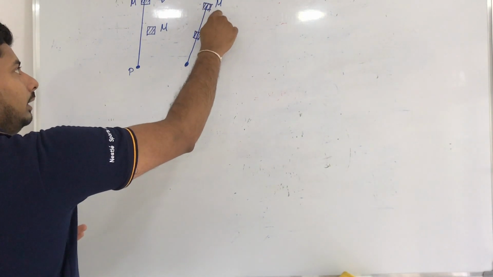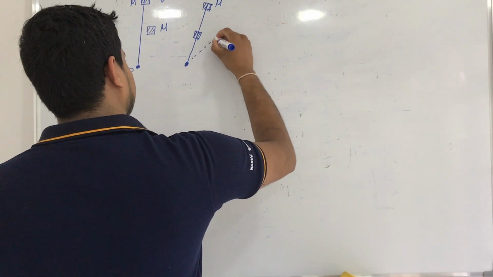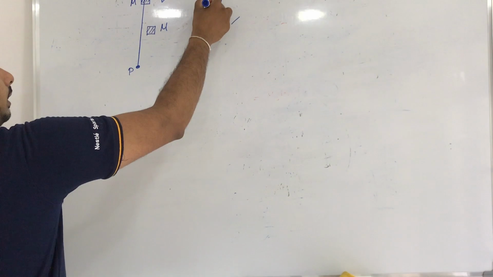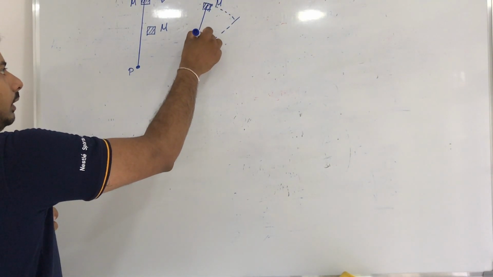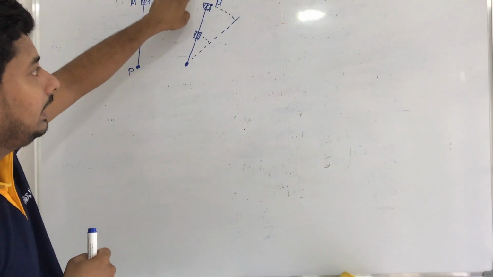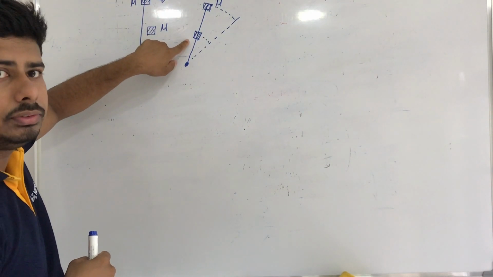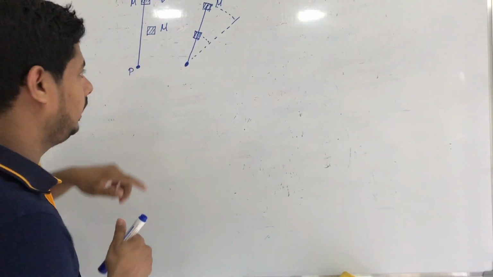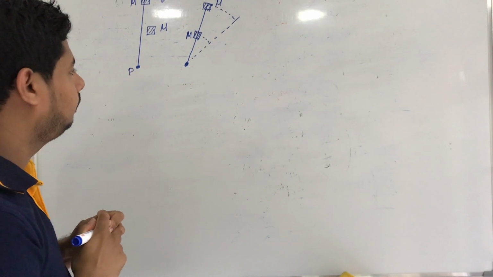That means the distance covered by each mass, if I draw it like this, this one will have to cover a distance like this, but this one has to cover a distance like this. So basically the linear speed of this capital M is much higher than the linear speed of the midpoint M, right?